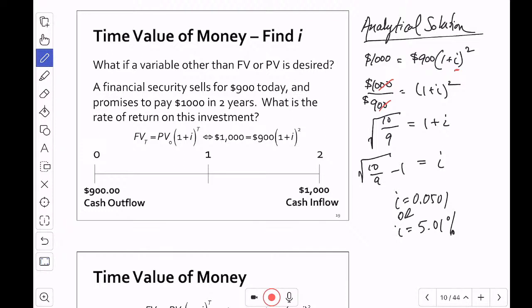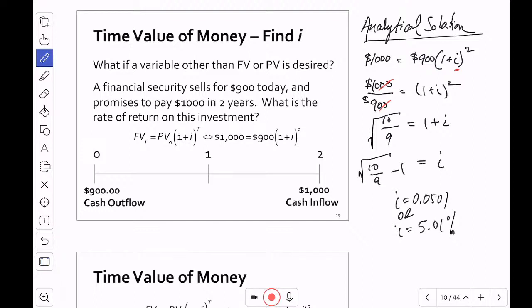I will expect you to give me the analytical solution when I ask for it. Okay, when I ask for it, or if you're solving a problem and you can't put it directly into your calculator, you'll need to solve portions of it with an analytical solution before you use the financial part of your calculator.